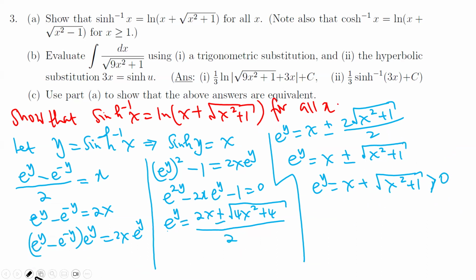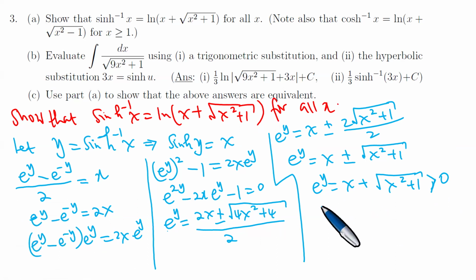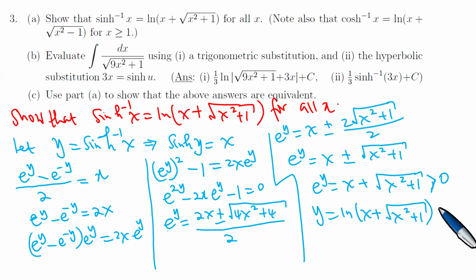It will always be positive because the exponential function is always positive. And then you solve for y, you take the ln of both sides, and this means y equals the ln of x plus the square root of x squared plus 1.